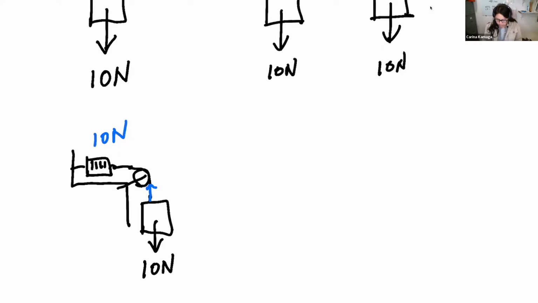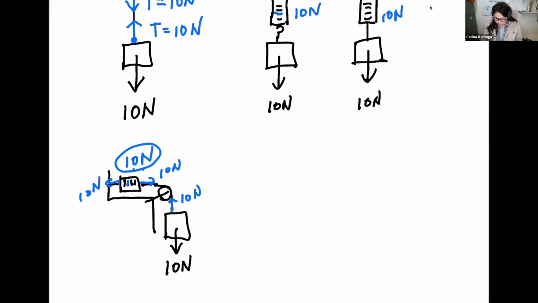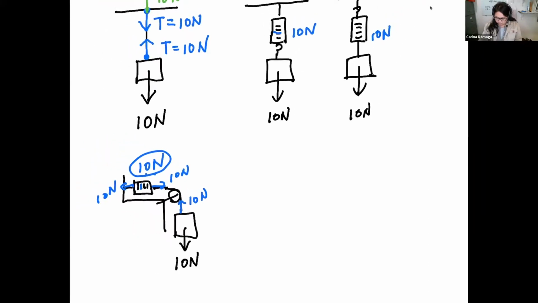Because it's 10 Newton here, 10 Newton here, 10 Newton there. It's going to read 10 Newton. This one and this one are almost the same thing. You have a 10 Newton pulling it down, so it's going to read 10 Newton.